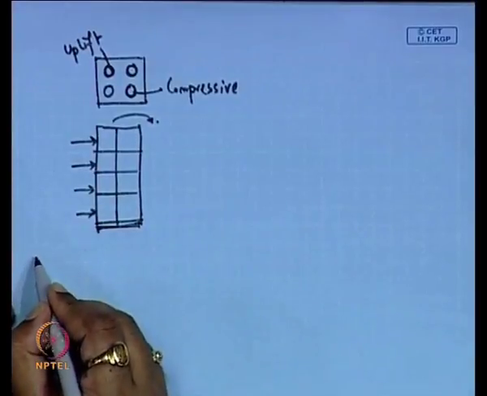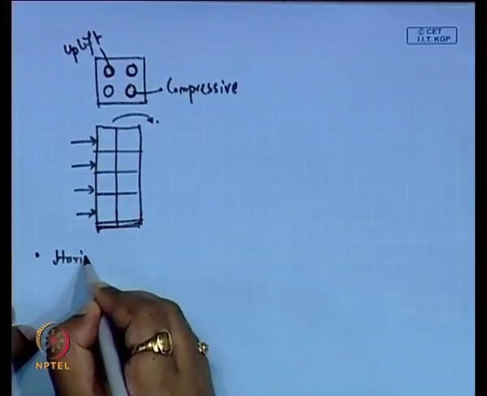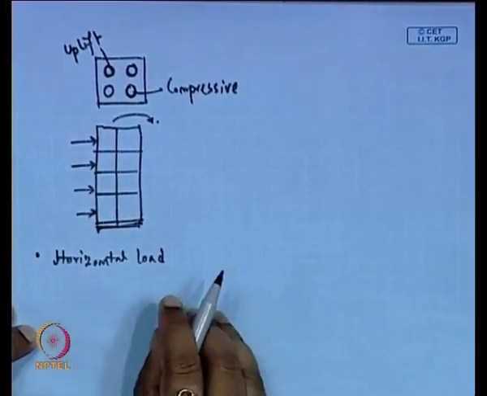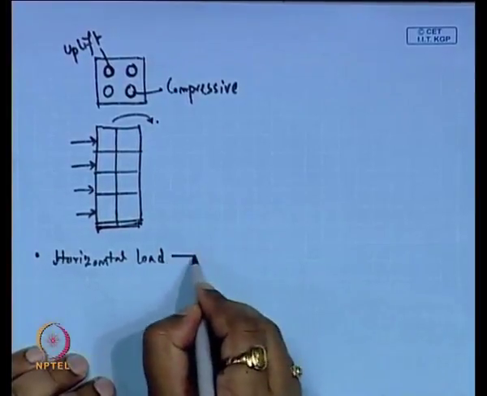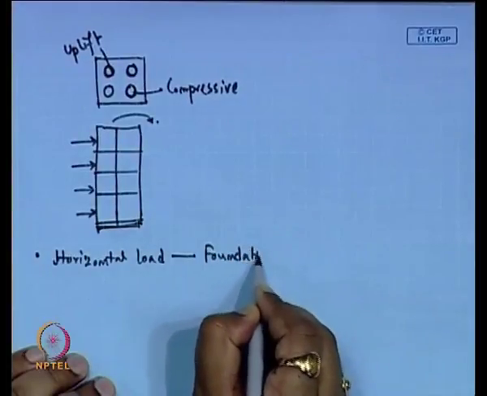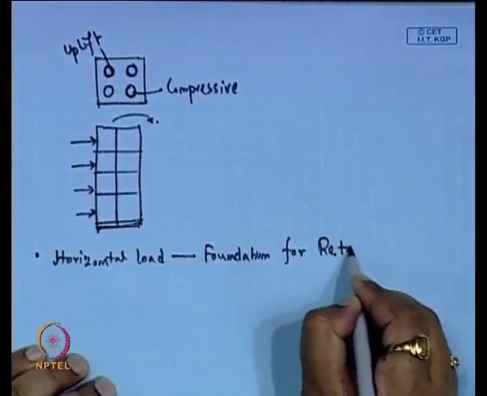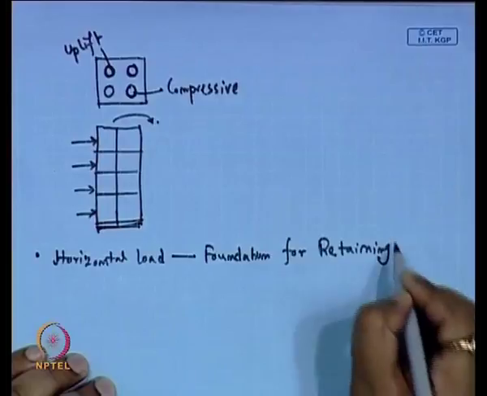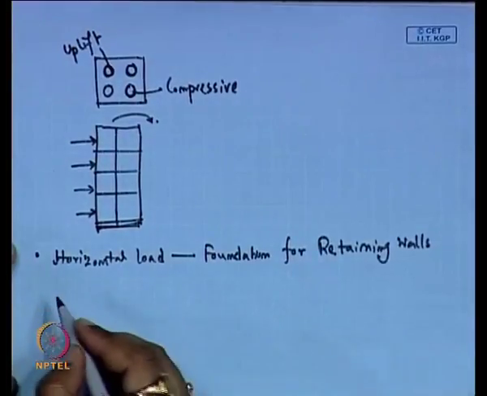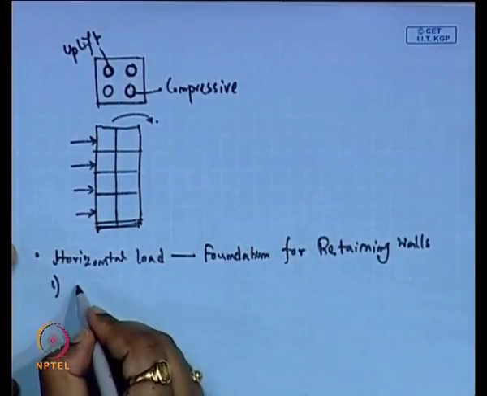If we are talking about the horizontal load, that is used for the foundation for a retaining wall. So, there again are two types. One is your laterally loaded pile.